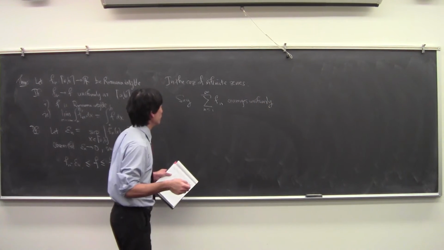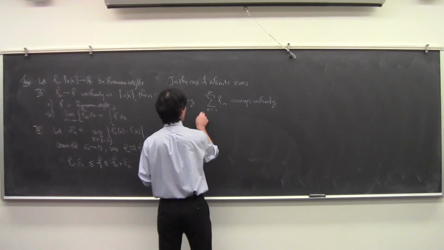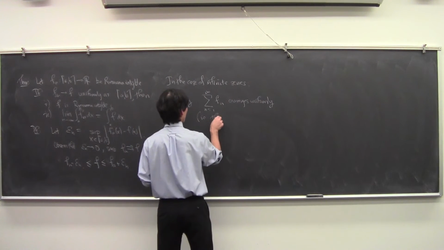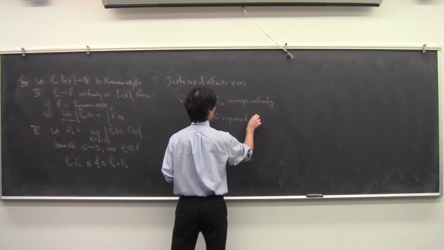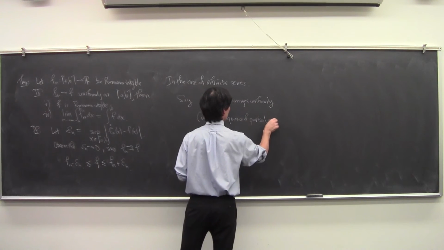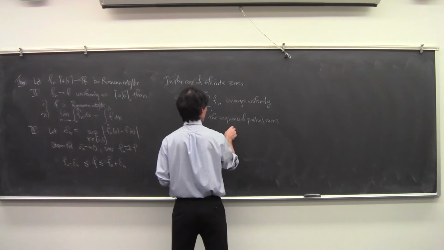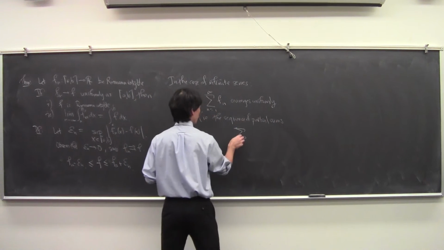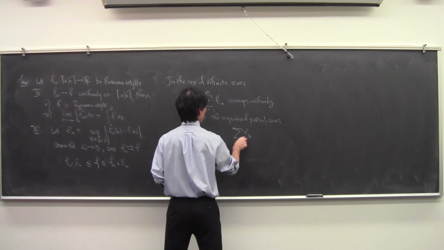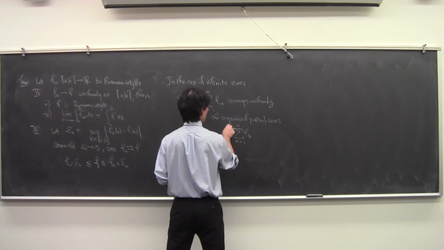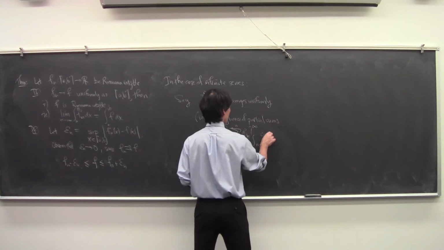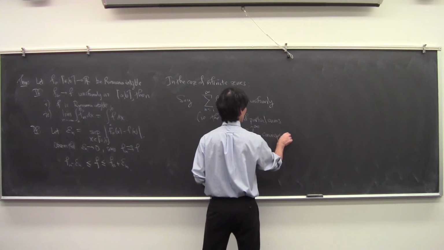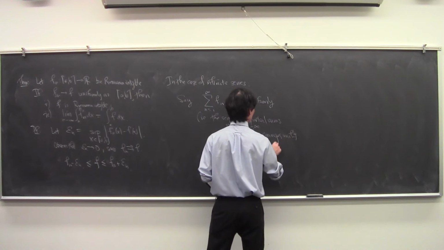In other words, that the sequence of partial sums, k from 1 to n, converges uniformly to this pointwise limit.